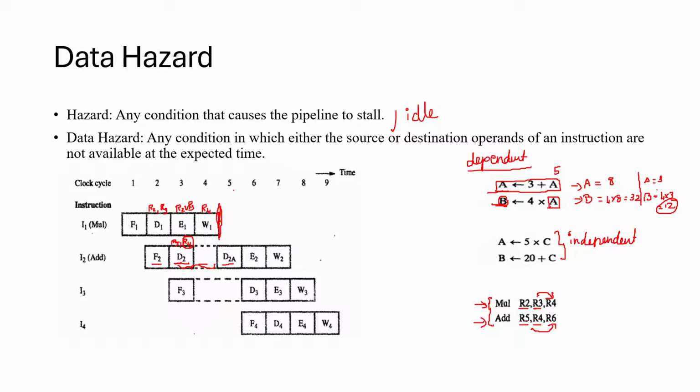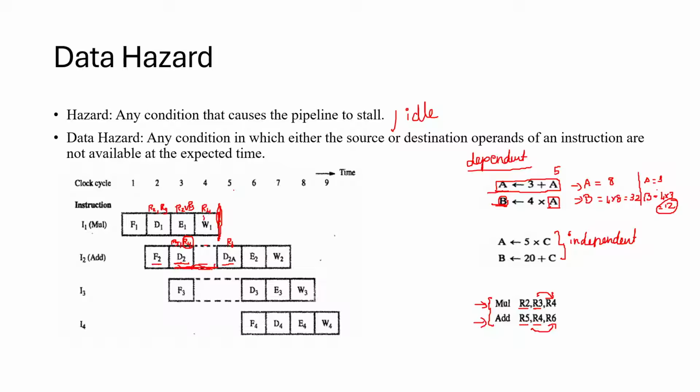So it goes again and fetches the R4. That is why there is a delay, because the R4 is not updated till clock cycle 4. It has been locked by instruction 1. At the end of the fourth clock cycle, the R4 value has been updated by the multiply instruction, that is instruction 1.